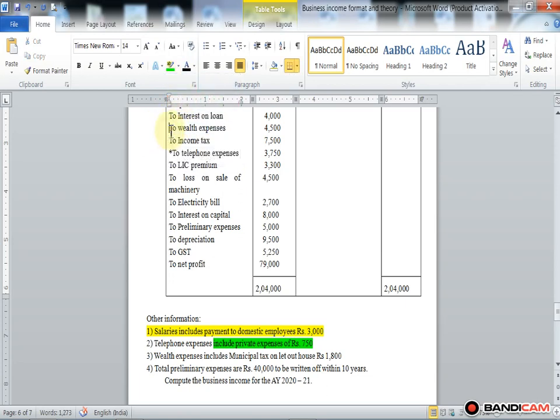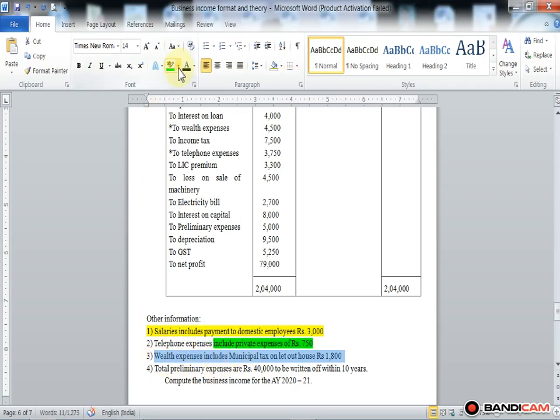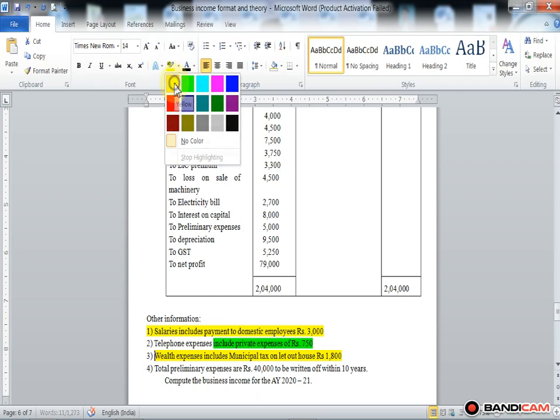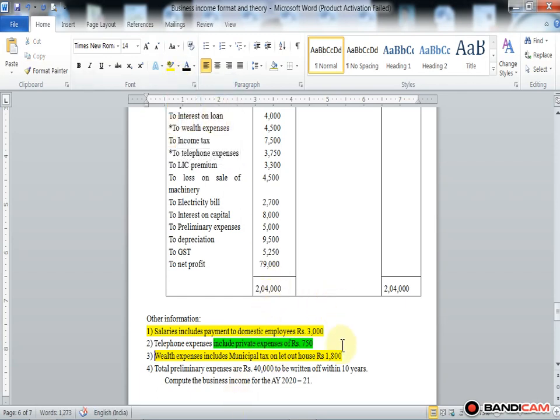This adjustment is given to avoid confusion, because municipal tax as well as wealth tax or wealth expenses are all disallowed. So there is no need to bifurcate the expenses; we directly write down the wealth expenses, or add the wealth expenses to net profit, and write in brackets including the municipal tax on laid out property.